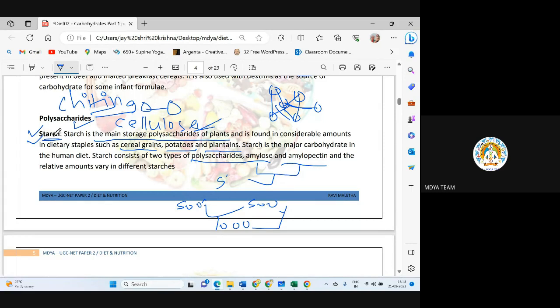When we hydrolyze starch, we get amylose and amylopectin. And if we again hydrolyze these two polysaccharides, what will be the end result? Monosaccharides, maybe glucose. Yeah, monosaccharides. It may be glucose, fructose, or galactose based on the polysaccharide.